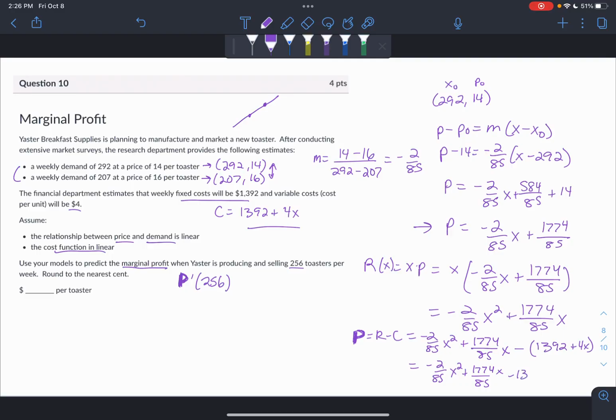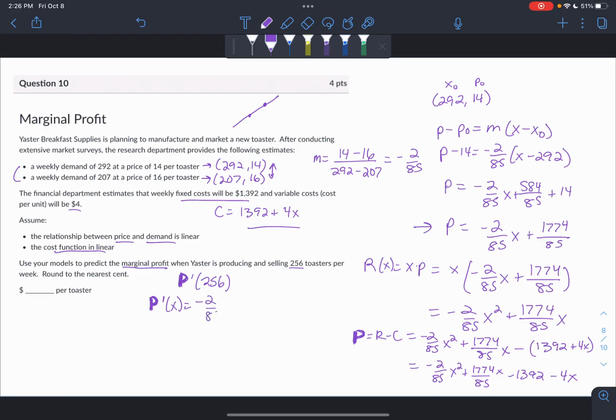So now let's find P prime, as in our profit of X, so just the general derivative of P that we just found way at the bottom. So that's going to be 285 over, so derivative of X squared is just 2X.